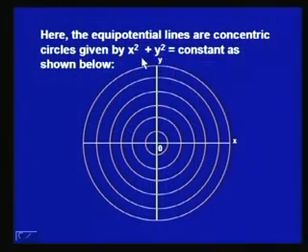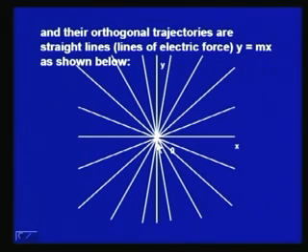Here the equipotential lines are concentric circles given by x² + y² = constant, as shown in this figure. You can see that they are all concentric circles, the center being at the origin. So they are equipotential curves, and their orthogonal trajectories are the straight lines, that is the lines of electric force given by y = mx, where m is a parameter.